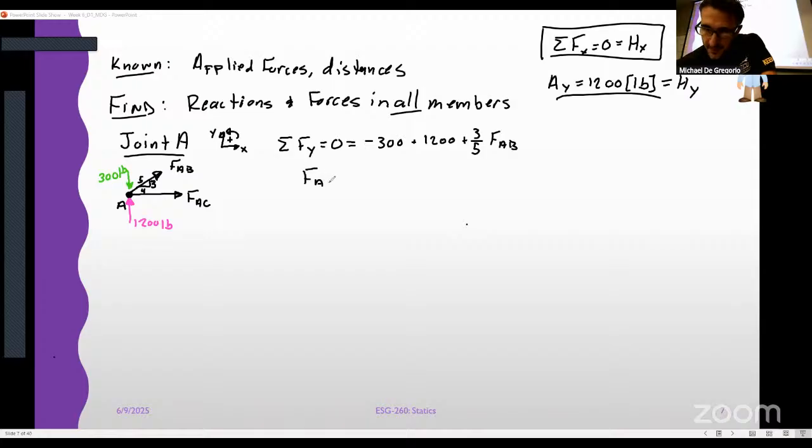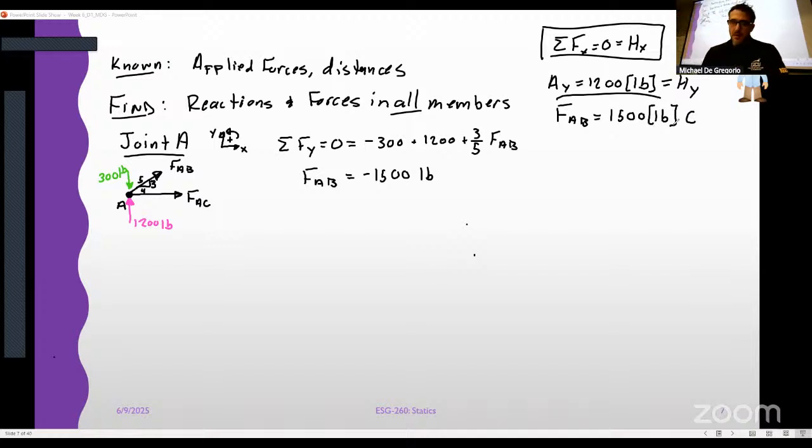So FAB, right off the bat, is going to be negative 900 times 5/3, or negative 1,500 pounds. So 1,500 pounds compression. So we know that's in compression.